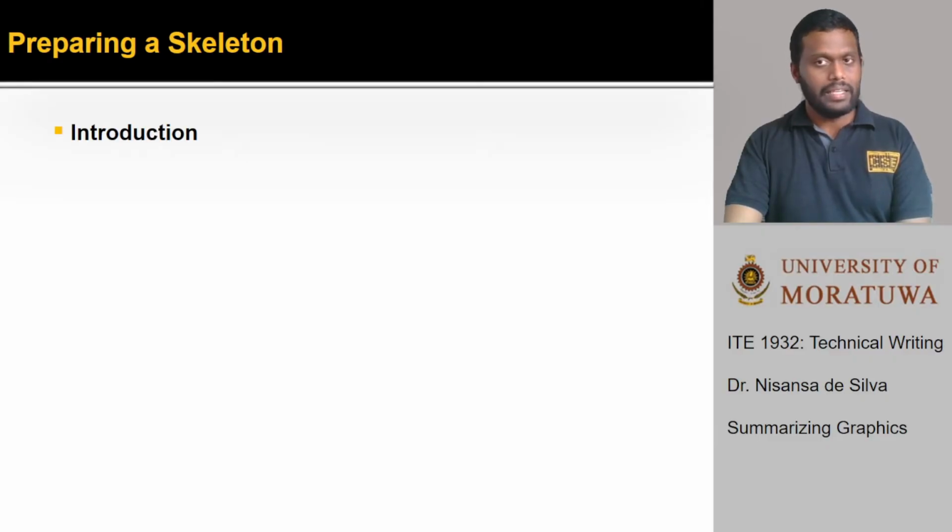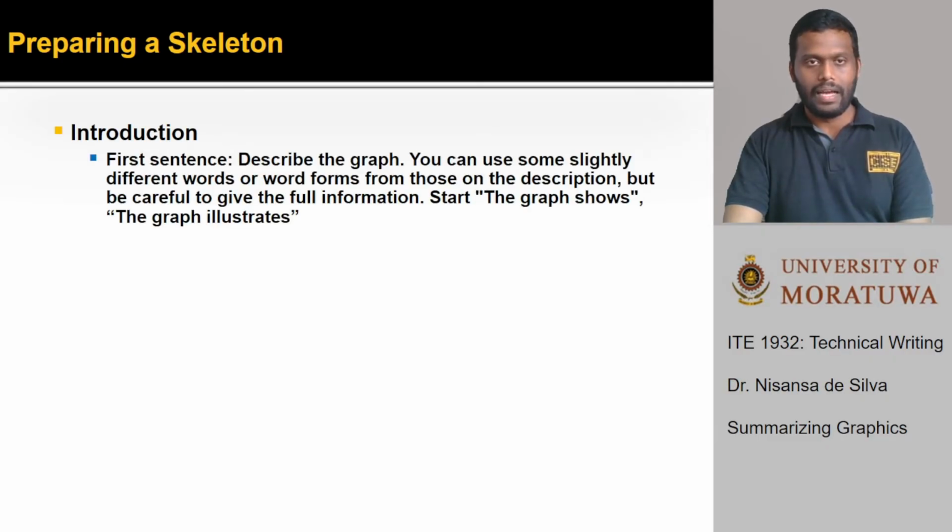First, you need an introduction. And in the introduction, you can start with the traditional approaches. This graph shows, the graph illustrates, this graph is about, so on and so forth. It gives the reader an idea of what they are looking for.